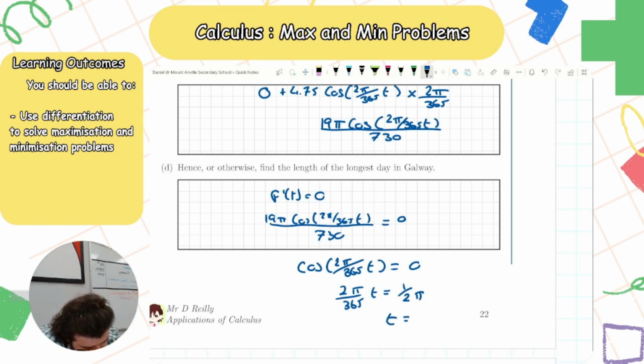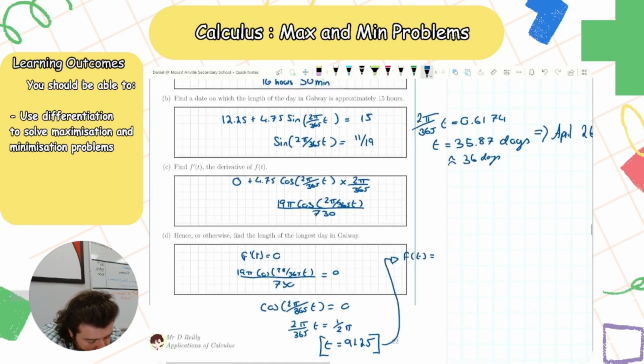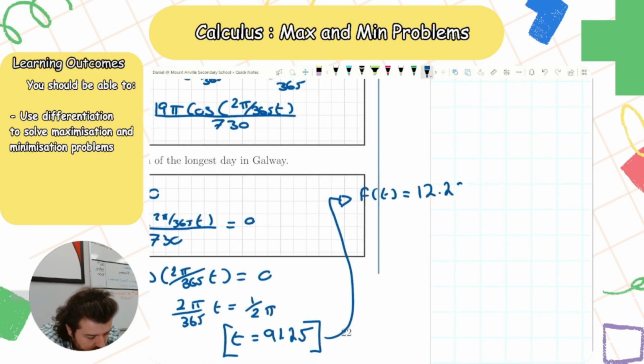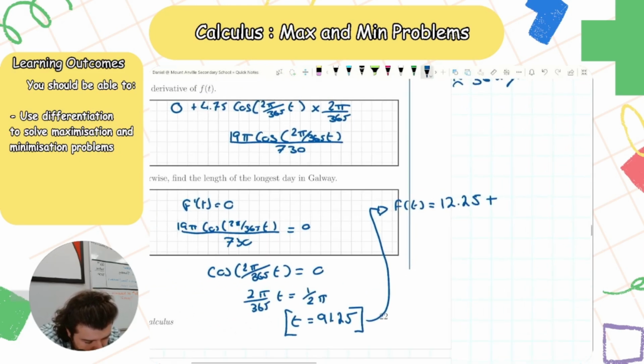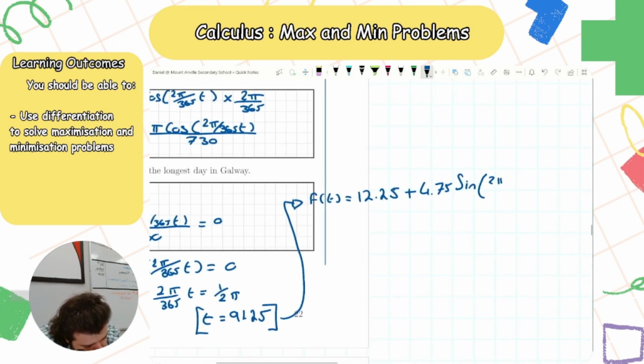So we get t is equal to 91.25, and then I need to sub that into f of t, my original function. So it's 12.25 plus 4.75 sine 2 pi over 365 times 91.25.